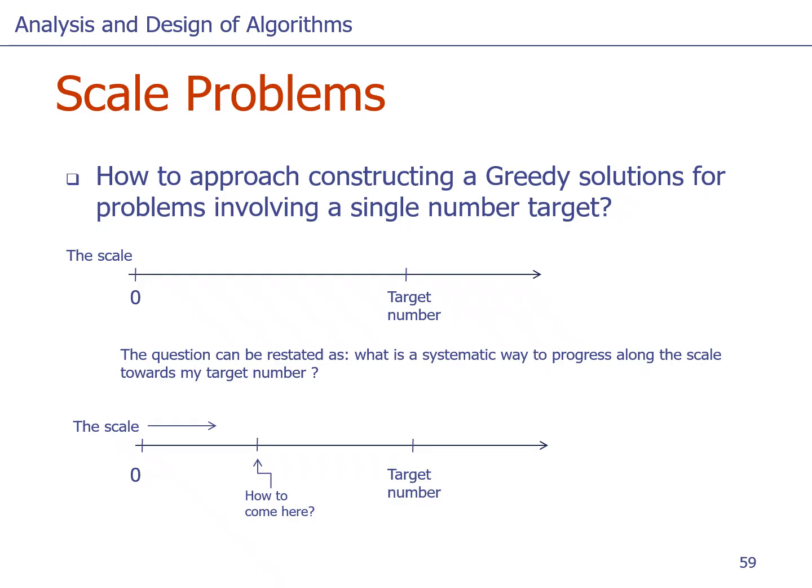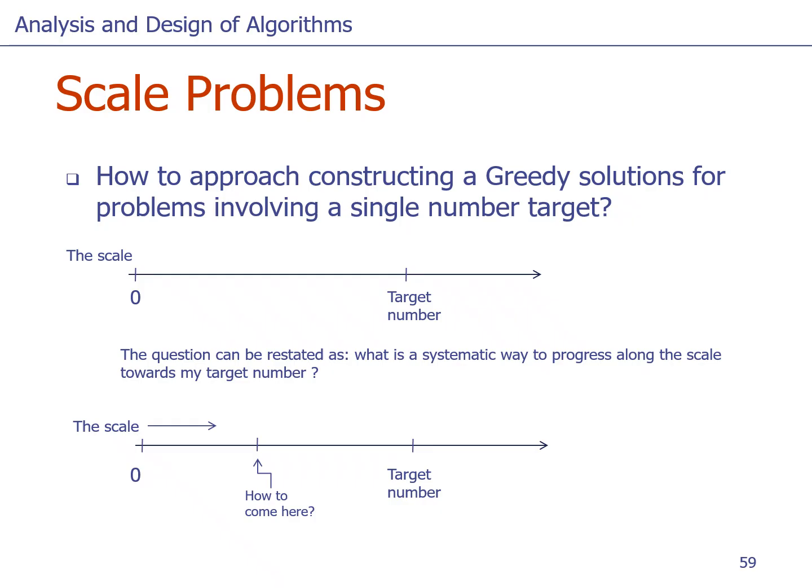Now let's go back to the Egyptian fractions problem. What do we want? We have a scale that starts from some starting point. Since this is a numerical scale, let's say it starts from 0. We don't have negatives here. So we're going to start from 0, and we are traveling on this scale, stopping at certain points or certain values, and we're going to add them up so that we hit our target number.